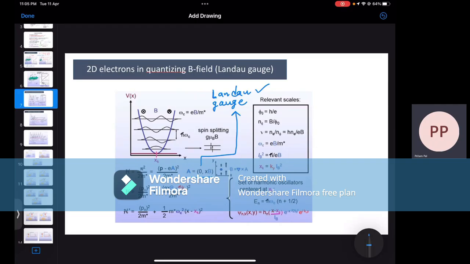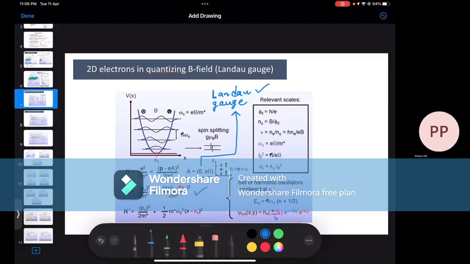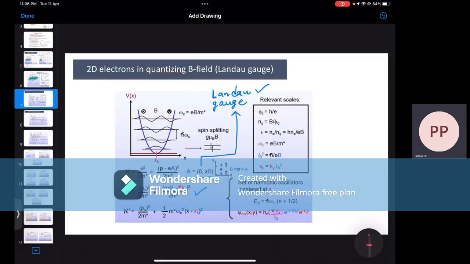Then the Hamiltonian has three components, you can see. This is the kinetic part, and this is the second part.